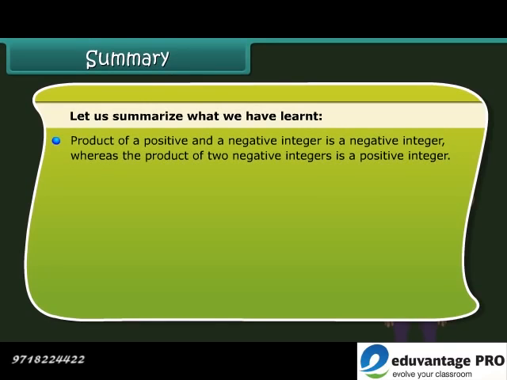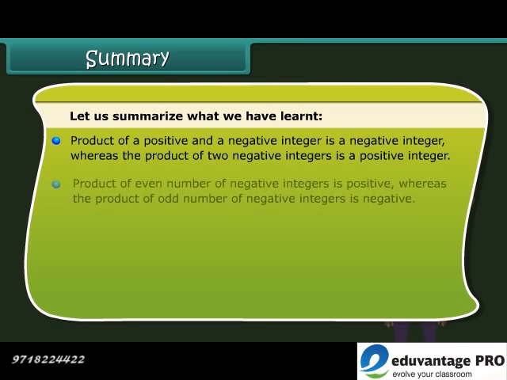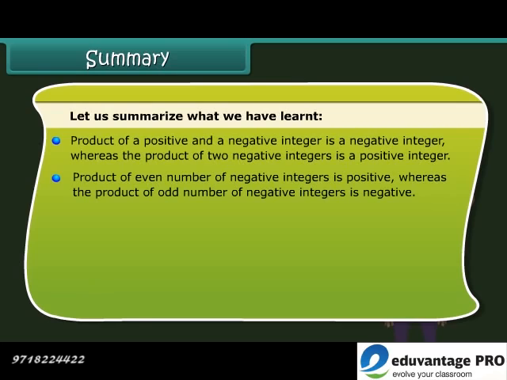The product of a positive and a negative integer is a negative integer, whereas the product of two negative integers is a positive integer. The product of an even number of negative integers is positive, whereas the product of an odd number of negative integers is negative. If a and b are any integers, then a × b is an integer.